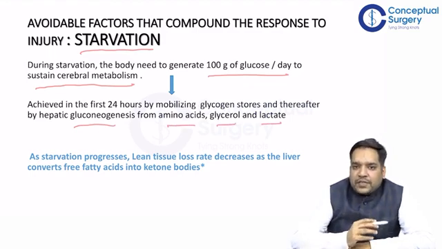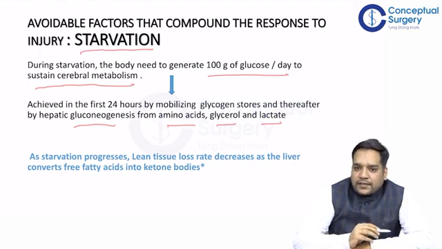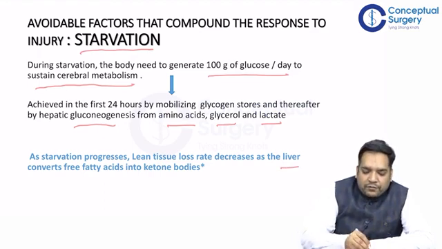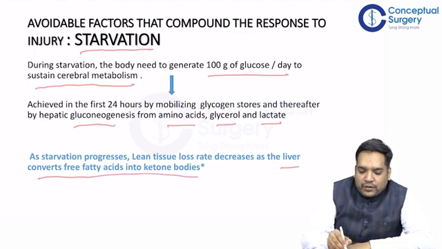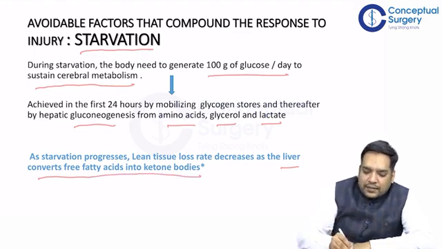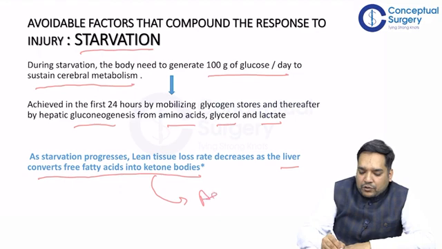As the starvation proceeds, the lean tissue loss rate decreases as the liver converts free fatty acids into ketone bodies, right? This is very important, and this is the adaptive change I was talking about previously.